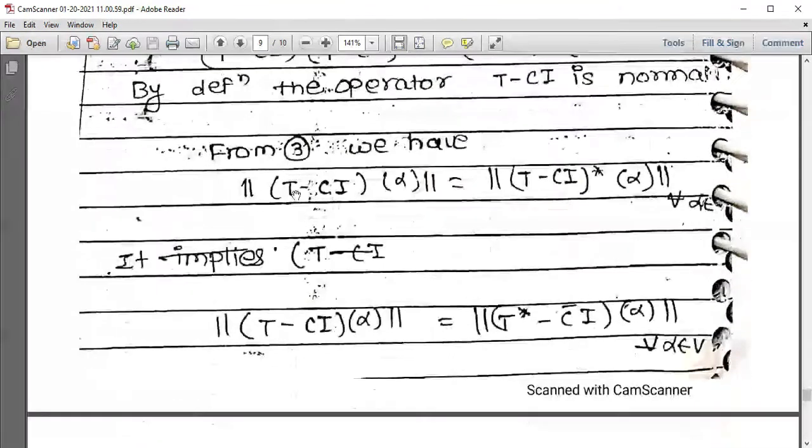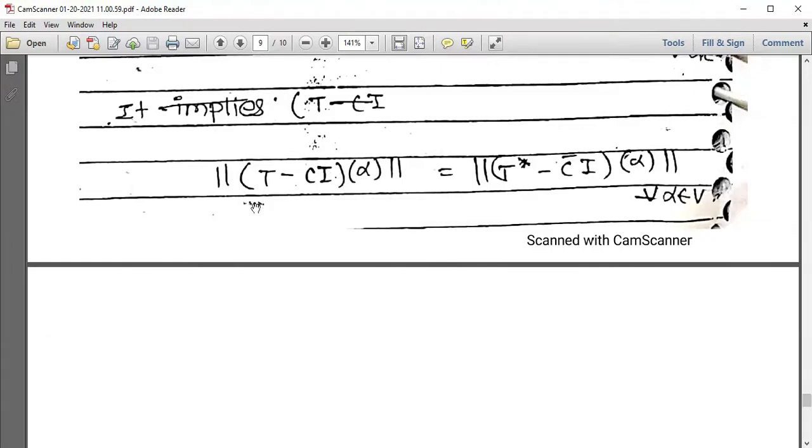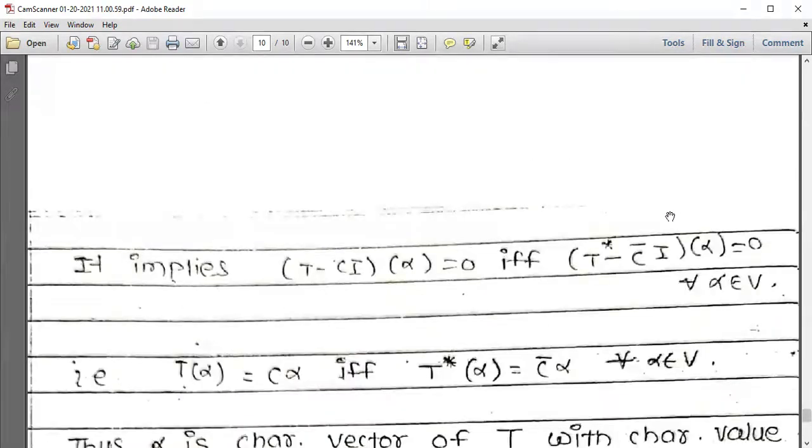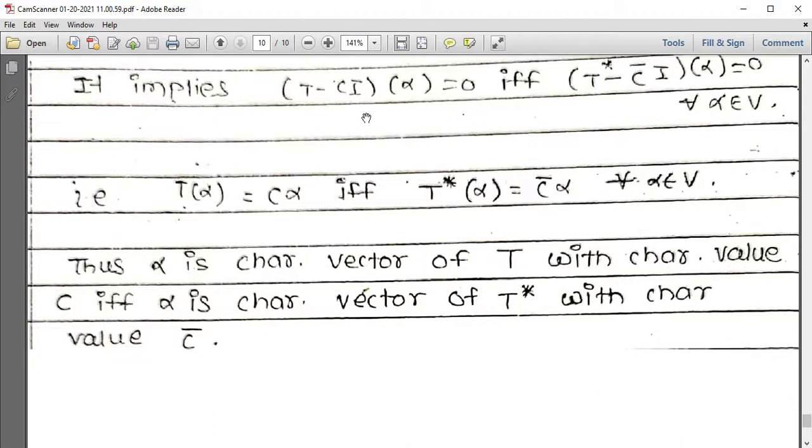Okay, hence from equation number 3, we have the norm of (T minus cI) of alpha is equal to the norm of (T minus cI) star alpha for all alpha belongs to V, which shows that the norm of (T minus cI) alpha is equal to the norm of (T star minus c bar I) alpha for all alpha belongs to V. Hence it implies that (T minus cI) of alpha is equal to 0 if and only if (T star minus c bar I) of alpha is equal to 0.